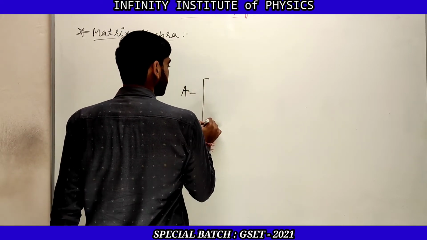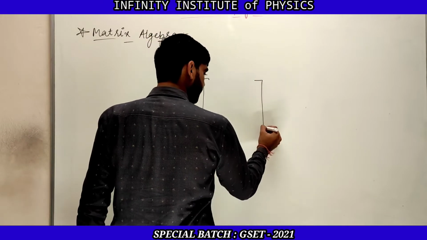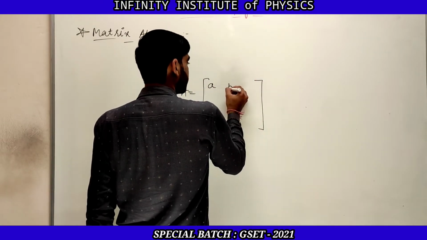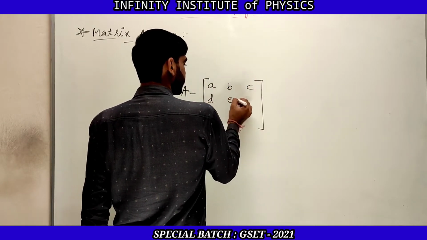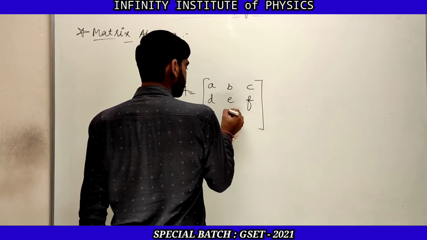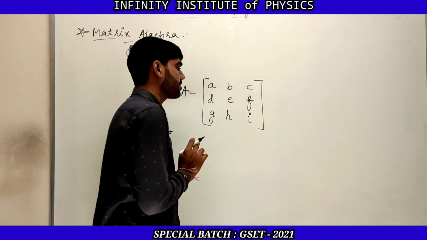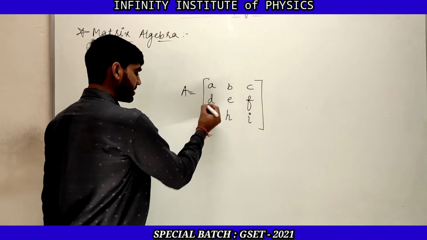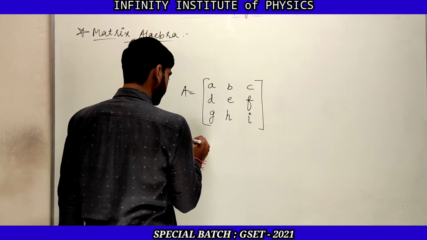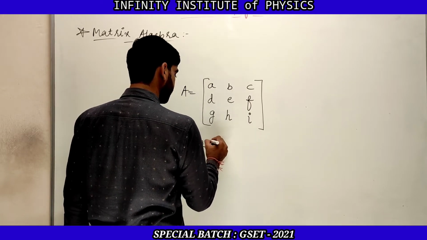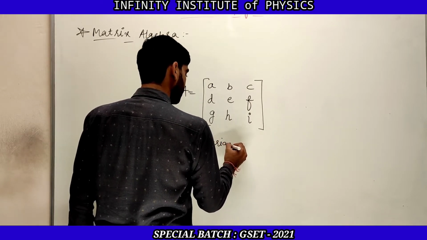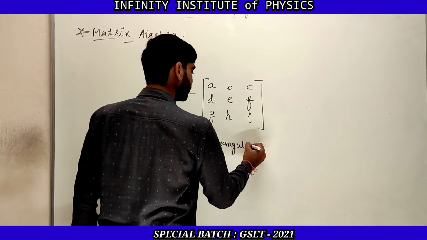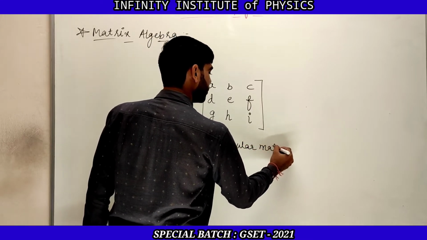Suppose we have a 3 by 3 matrix: A, B, C, D, E, F and G, H, I. So when can we say that this is an upper triangular matrix?